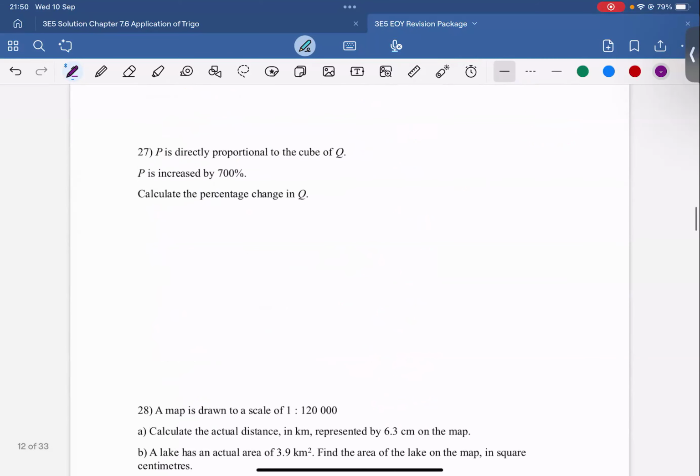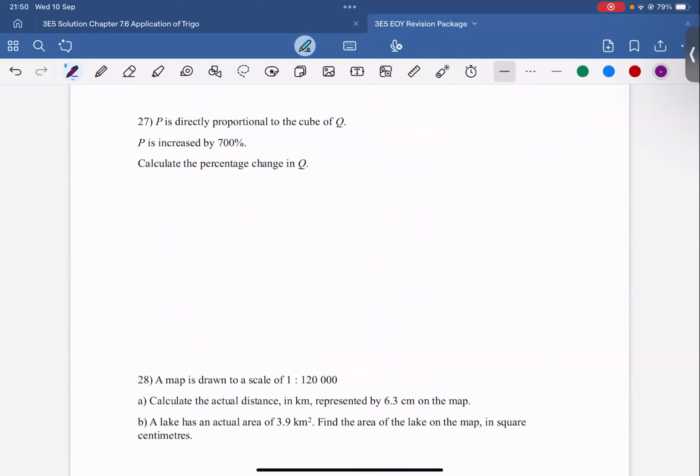Okay, so now the difficult question, how? First, we still write down our equation. P is directly proportional to the cube of Q. So what we do, we need to find k, but no number given. Then what do we do? You introduce numbers using algebra. a is a number, b is also a number.